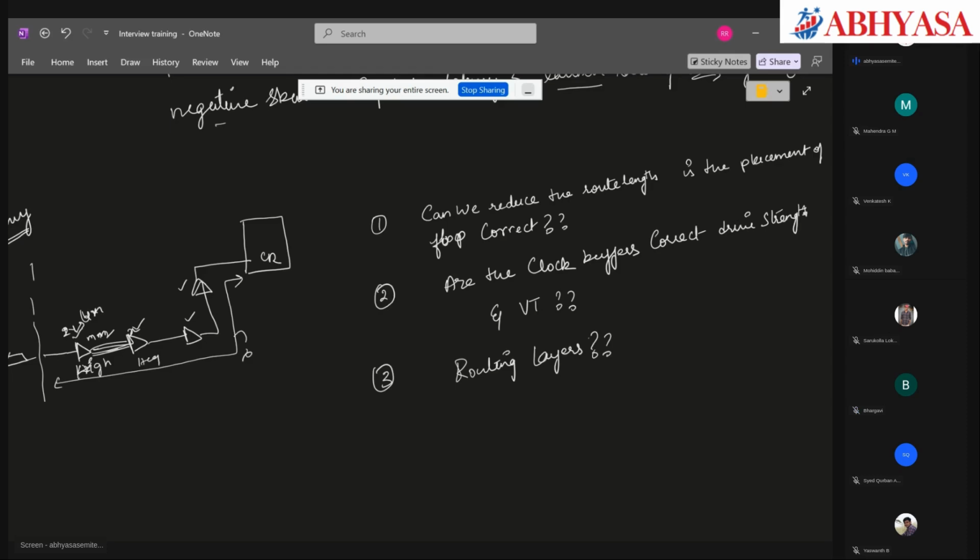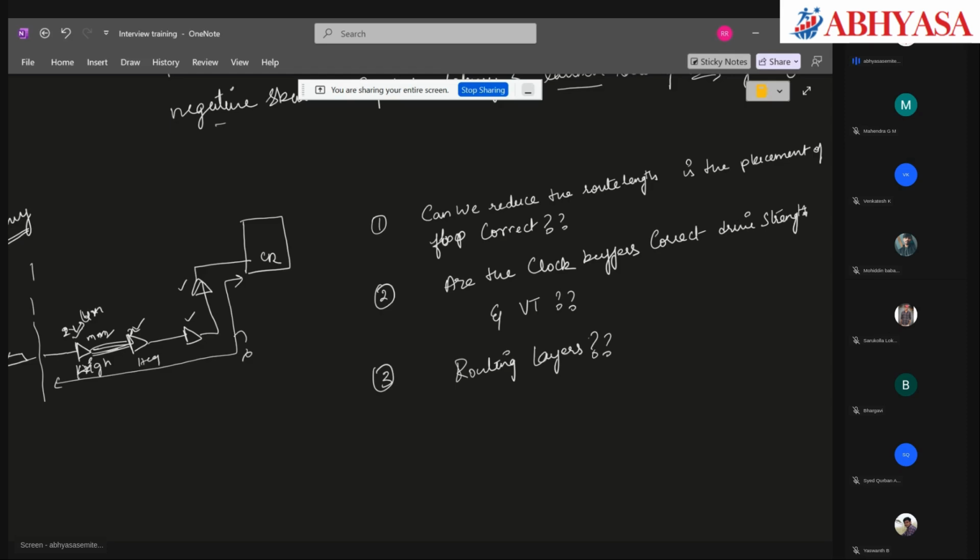M1 is used for follow pins or S routes. And for clock also we need good low resistance metals. So since top layers are used for power, next layers are used for clock. So 8 and 9 for power, 4, 5, 6 for clock, 7 again for routing.